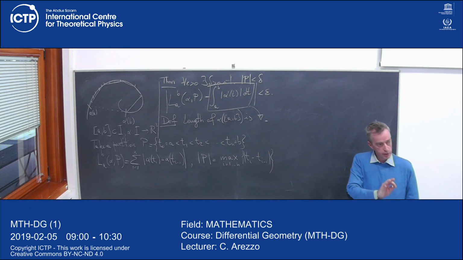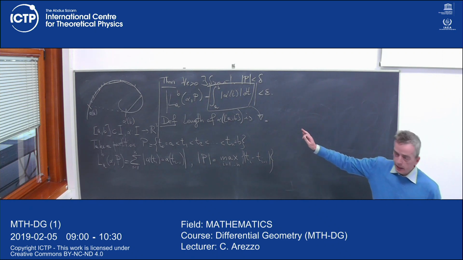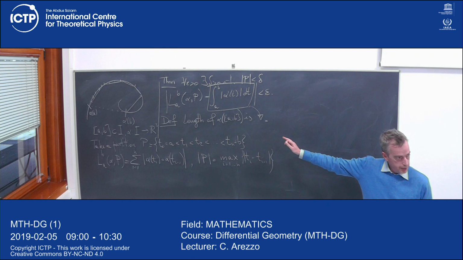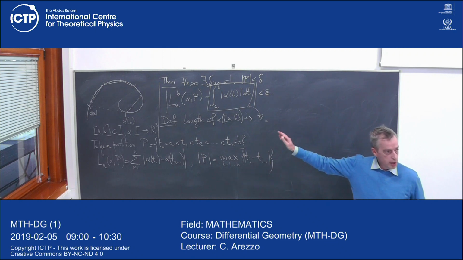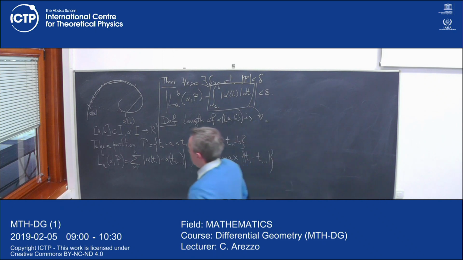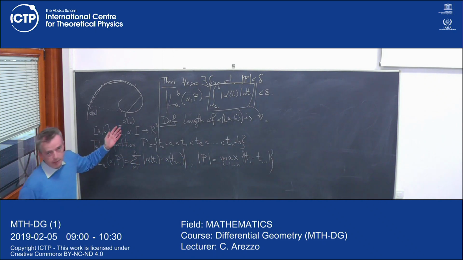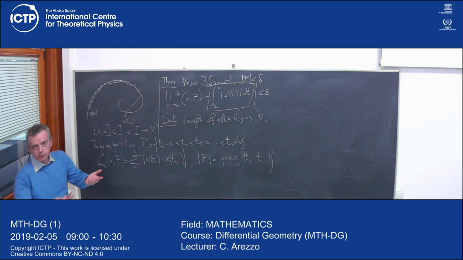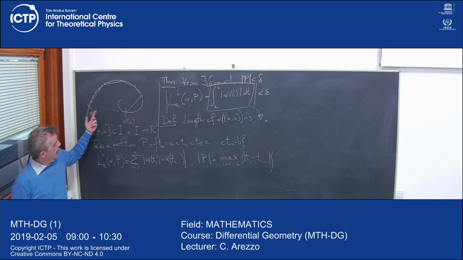But what does it mean now? What kind of geometry are we doing when we speak about curves and length? If we are speaking about curves, the only thing I need is what a smooth map is, so I need a topology and differentiability. But when I'm studying length, I'm measuring distances.